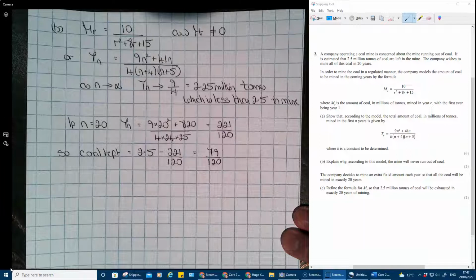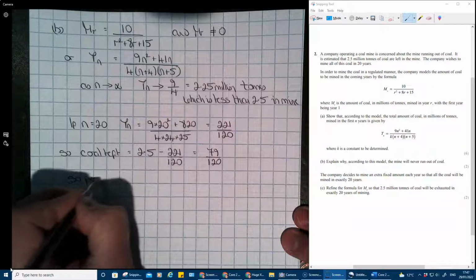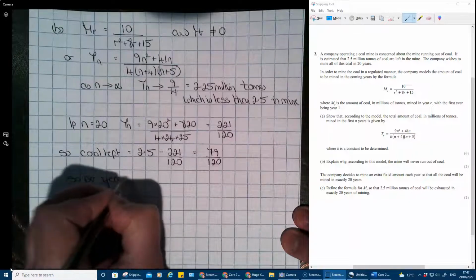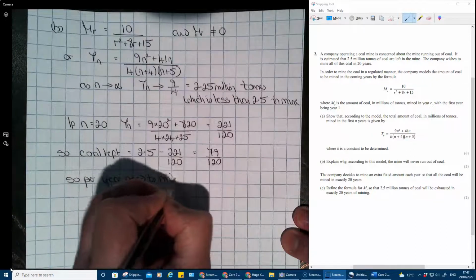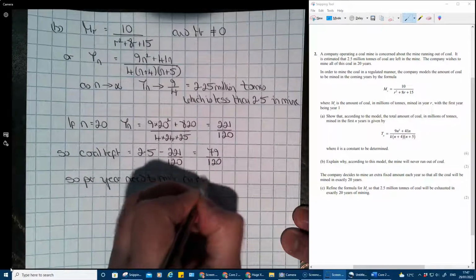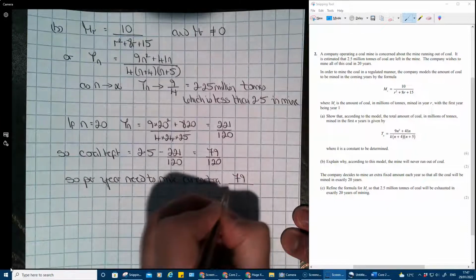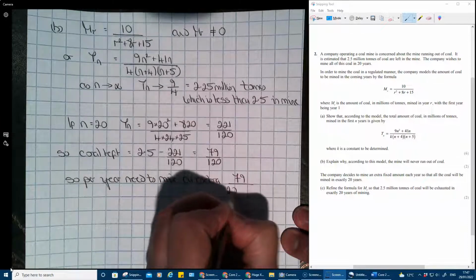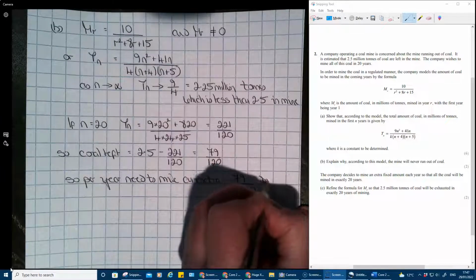We want all that to be gone, so per year we need to mine an extra 79 over (20 times 120) million tons.